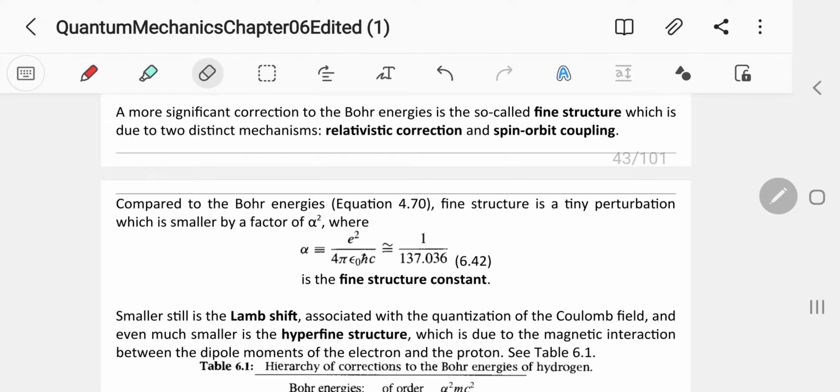By the way, the fine structure correction is a tiny perturbation which is smaller by a factor of alpha squared, where alpha here is given by this, and the expression would be this one, but this one is more important.